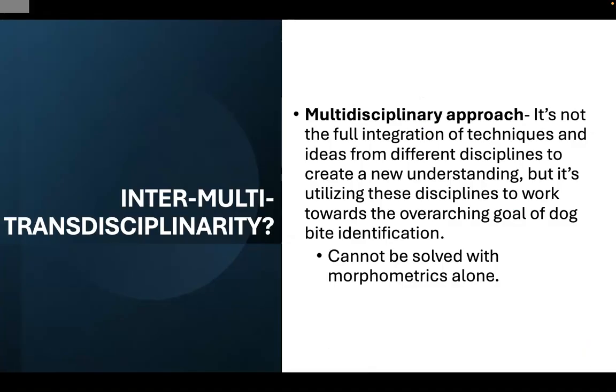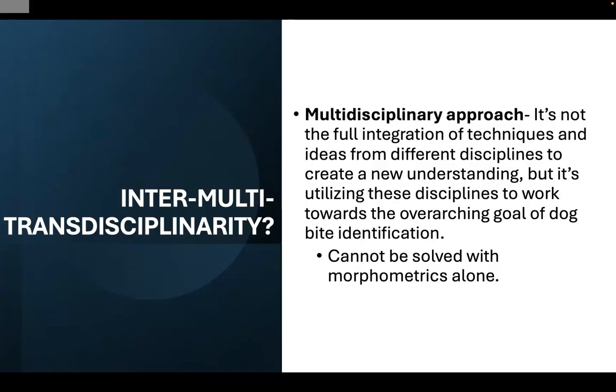Does the study represent an inter, multi, or transdisciplinary approach? So it represents a multidisciplinary approach. It's not the full integration of techniques and ideas from different disciplines to create a new understanding, but it's utilizing these disciplines to work towards the overarching goal of dog bite identification.